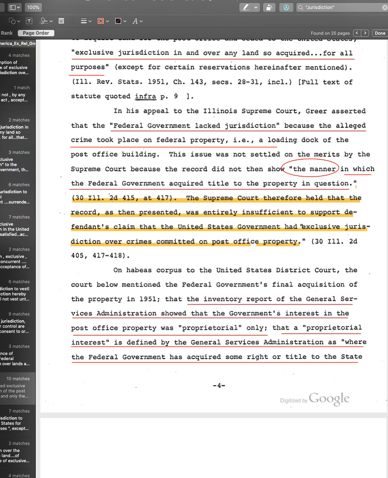Give me a second to find my paper. There's only a million of them on my desktop here.